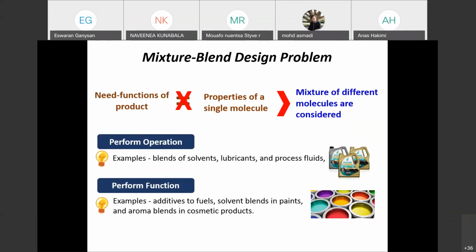We can use it as an additive for paint, or coating for constructions, as well as an additive for foods. That is CMC, and what else? Ethyl cellulose, I think, I don't remember that one, can also be used as a food additive. So there are many functions of the compounds.